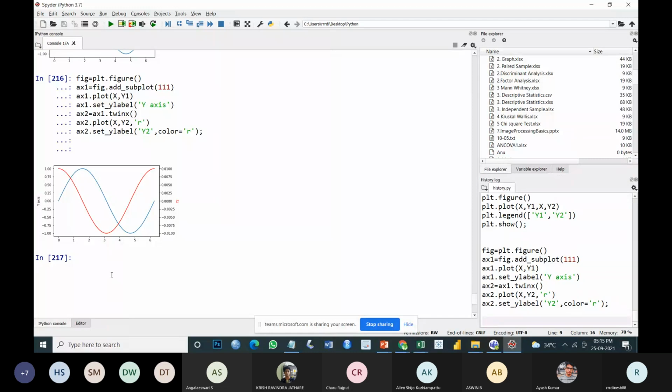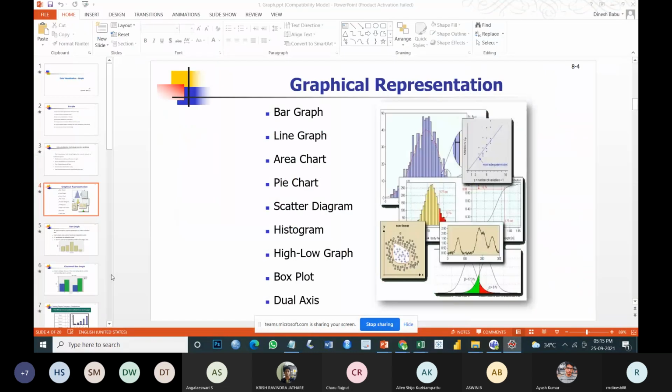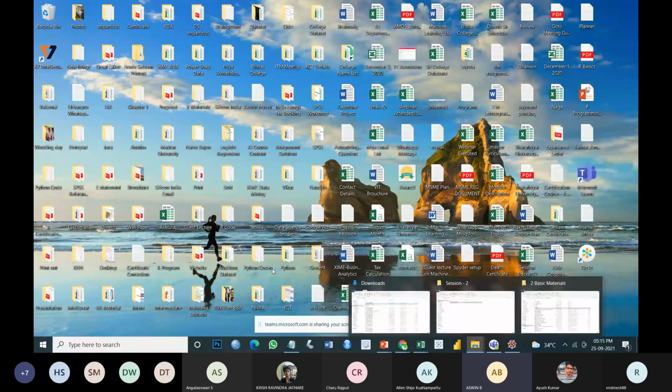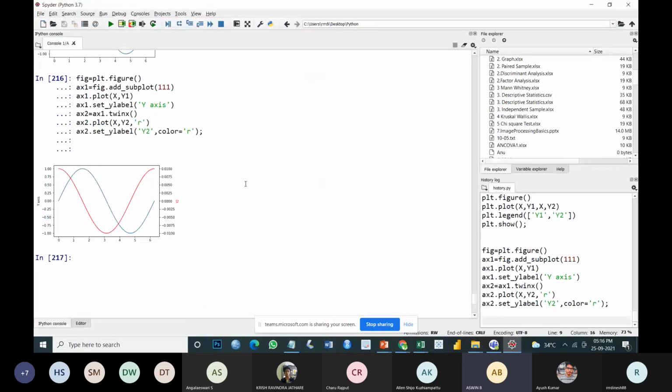Okay. Sir, can you tell me about one command, fig.add_subplot of 111? What do you mean? That is the standard format for defining the whole boundary.